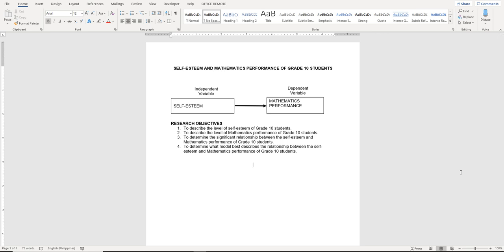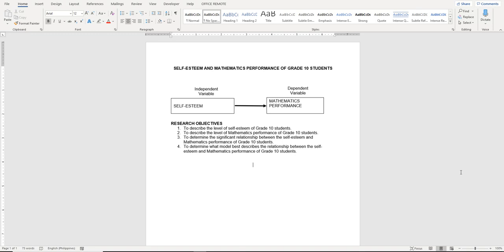Good day. Today we're going to discuss how to use MegaStat in Microsoft Excel in determining the correlation between two variables in which the variables have no indicators. Let's say that the study being conducted has a title Self-Esteem and Mathematics Performance of Grade 10 Students.